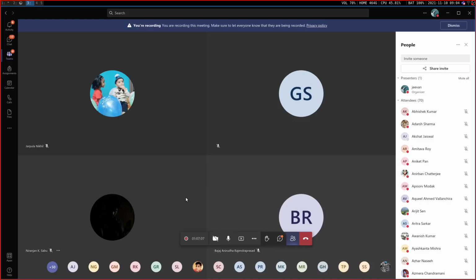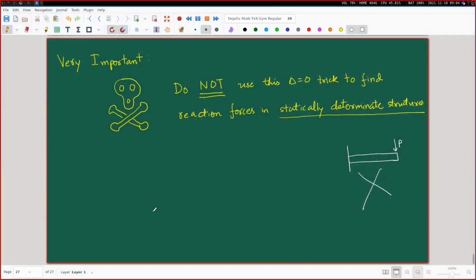So let us begin again. We'll continue discussing our simpler examples. The next one we are going to consider is again a beam, but its shape is in the form of a semicircle, so it's like this.